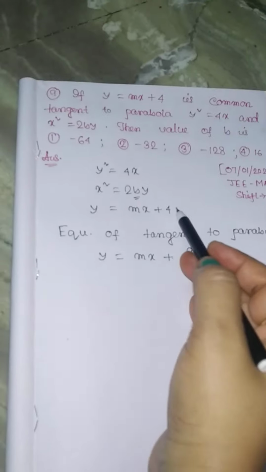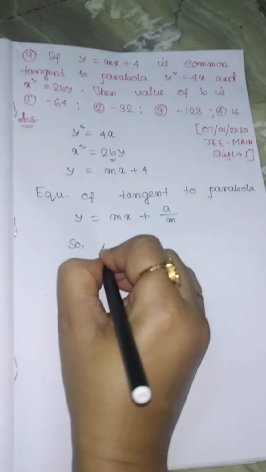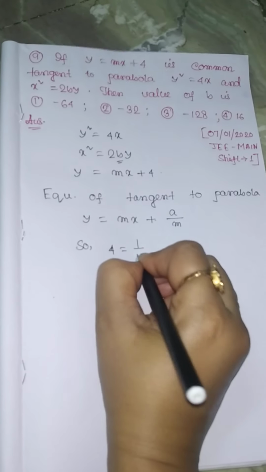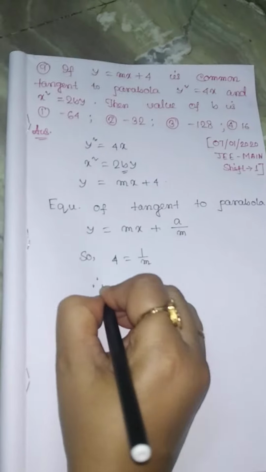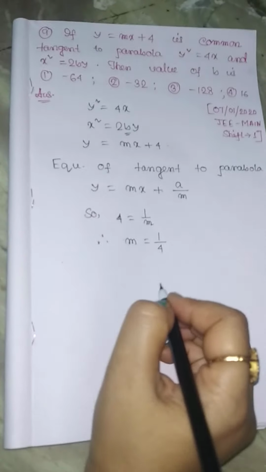Now comparing these two equations, we get 4 is equal to 1 by m. Therefore, m is equal to 1 by 4.